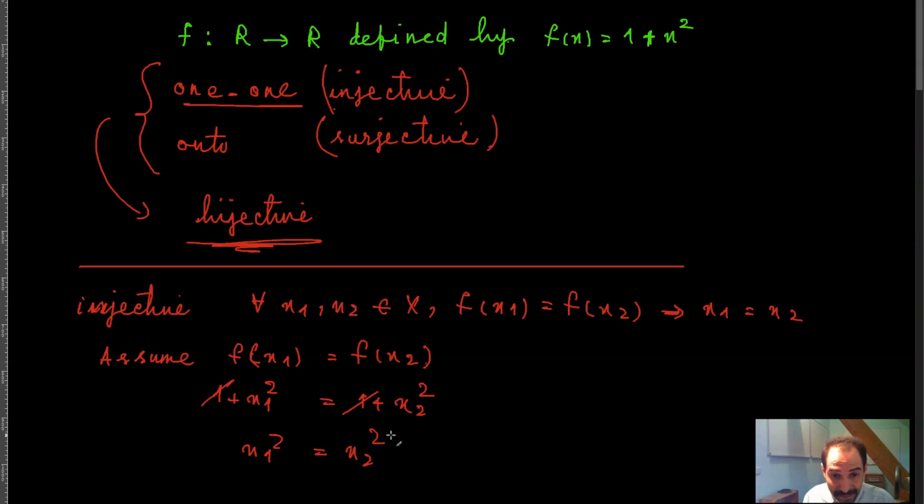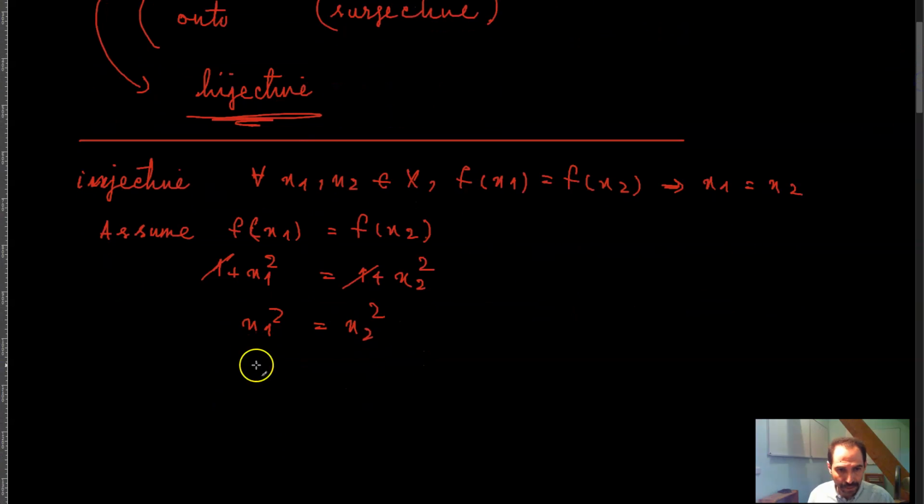And since x belongs to the set of real numbers, x could be a negative number or a positive number, and therefore x1 is equal to plus or minus x2. We can take the square root of x1 squared and the square root of x2 squared.